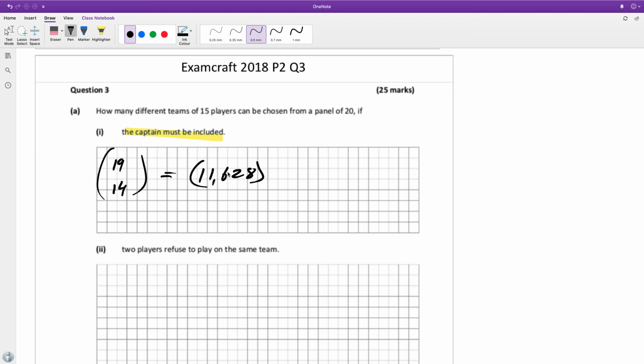Right, 2 players refuse to play on the same team. What are we going to do? Two lads are fighting and they don't want to play on the same team. What am I going to do?